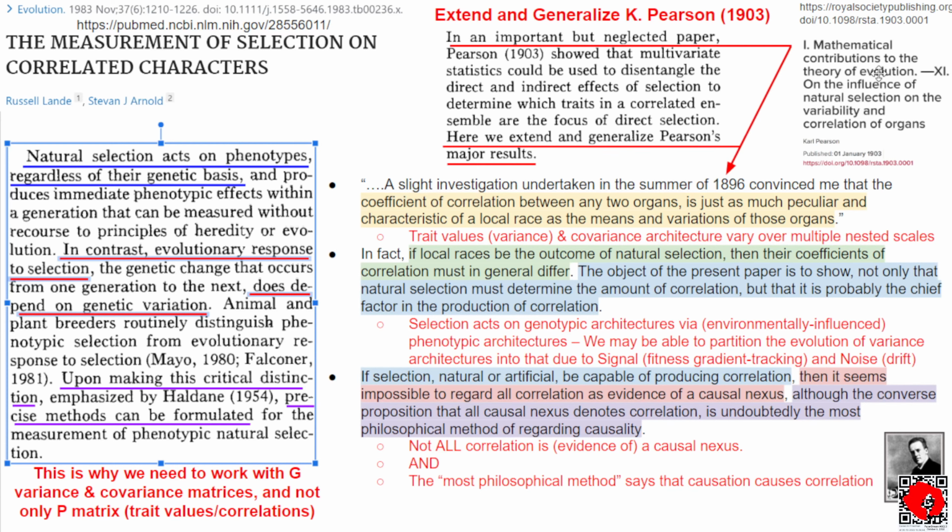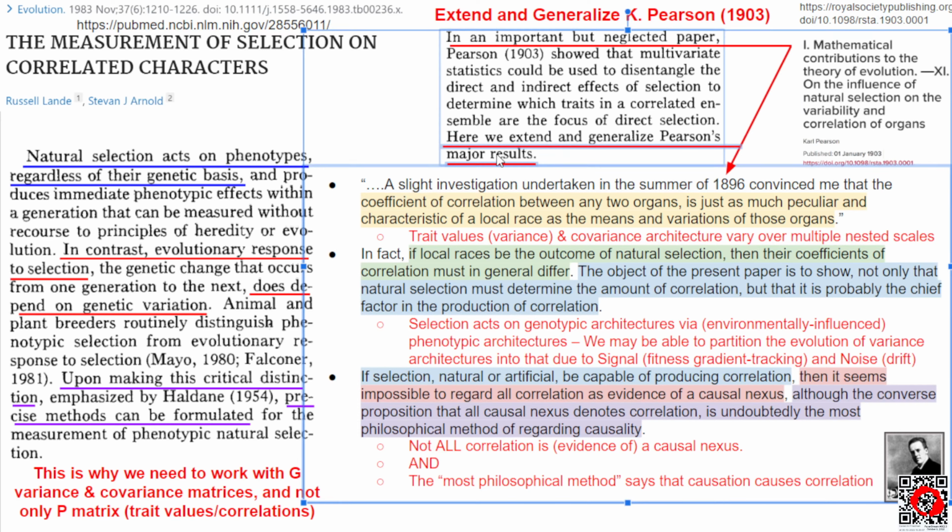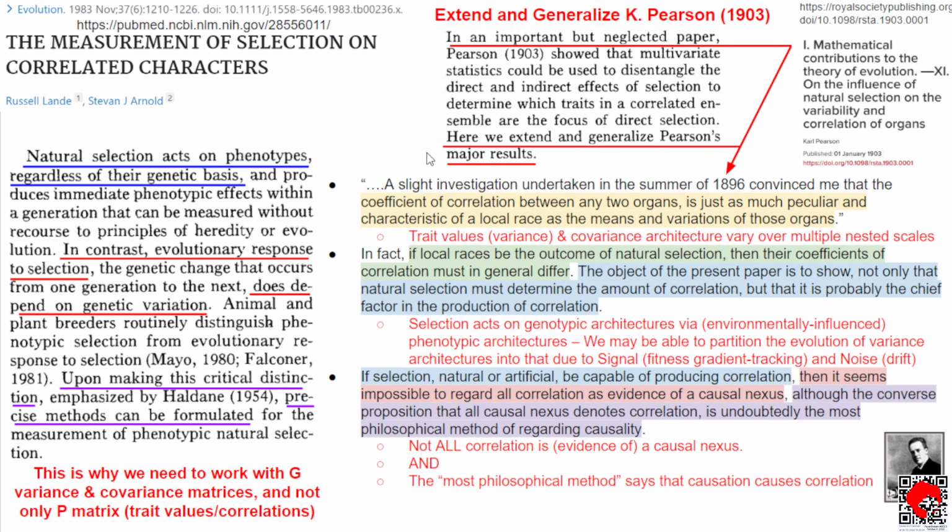So Pearson's work here in 1903 was Mathematical Contributions to the Theory of Evolution, section 11, on the influence of natural selection on the variability and correlation of organs. And this Lande and Arnold paper, again, the technical details would be awesome to learn more on, extends and generalizes some work that was important but neglected by Pearson.